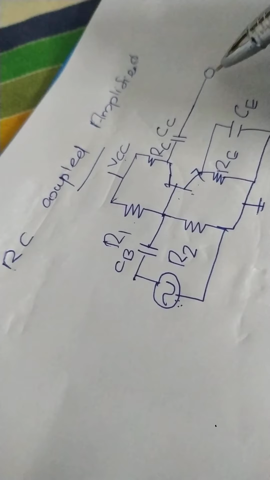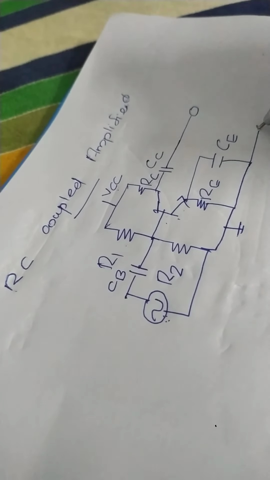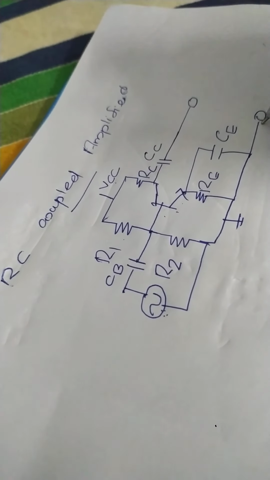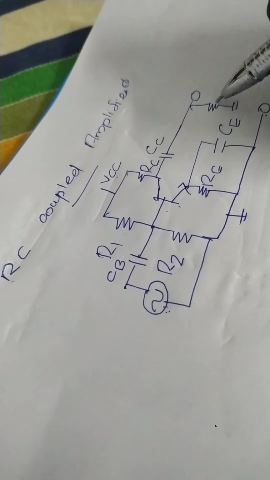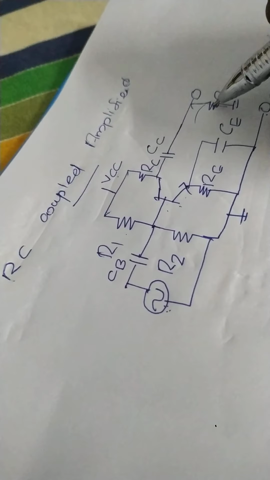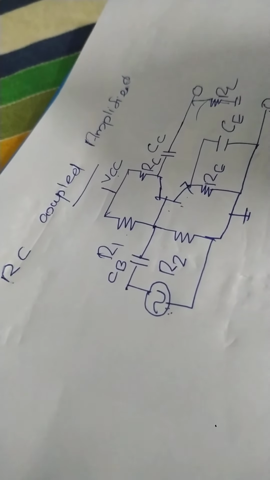Output is taken across the collector point and ground point. Then we take a load resistance. When current flows through the load resistance, a voltage is developed across it, and we take the amplified output from this load resistance.